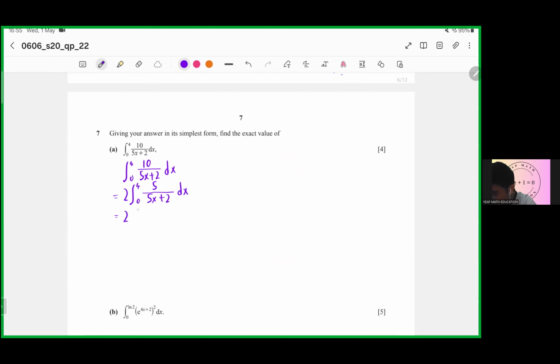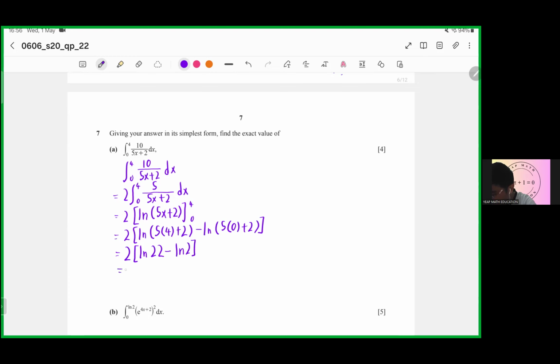So we get 2 ln of 5x plus 2, from 0 to 4. So here we get 2 times ln of 5 times 4 plus 2, minus ln of 5 times 0 plus 2. And then we can get ln 22 minus ln 2.